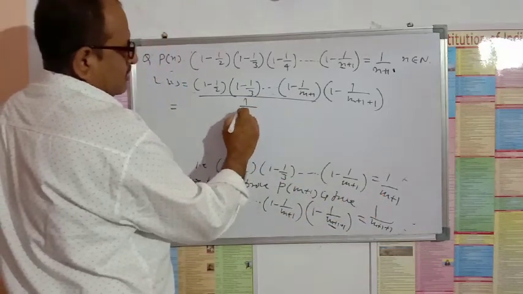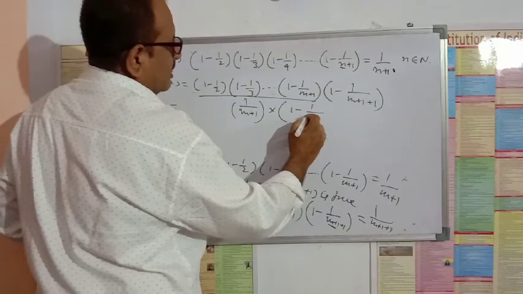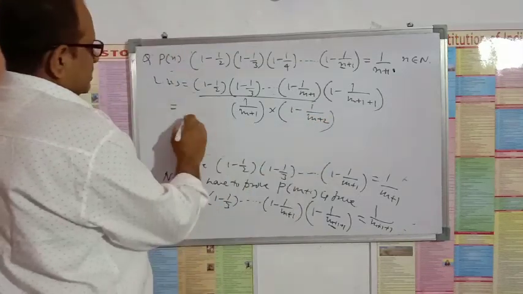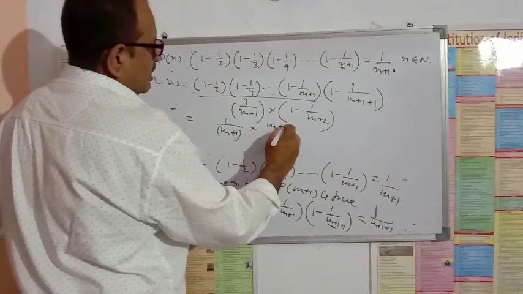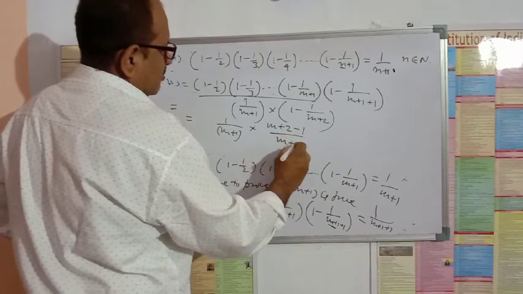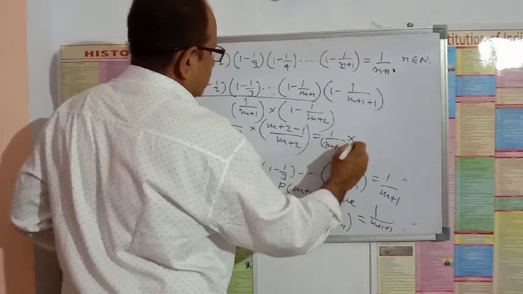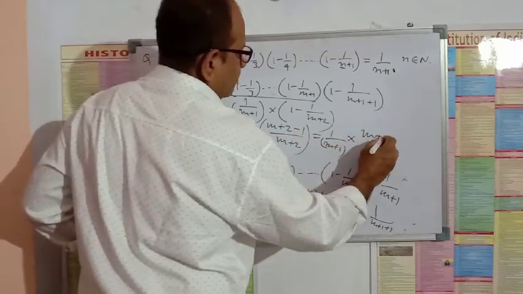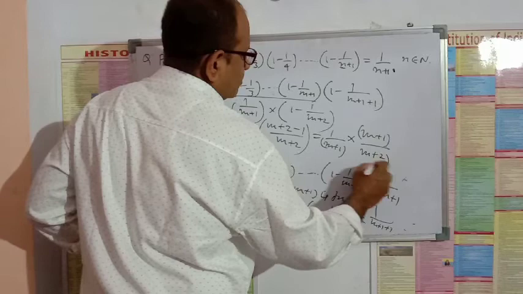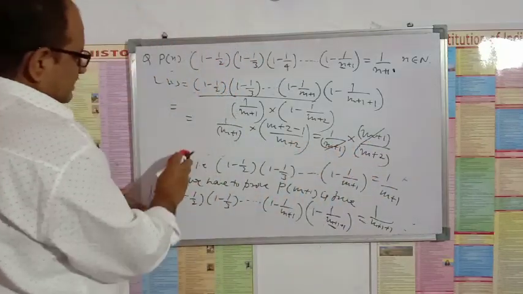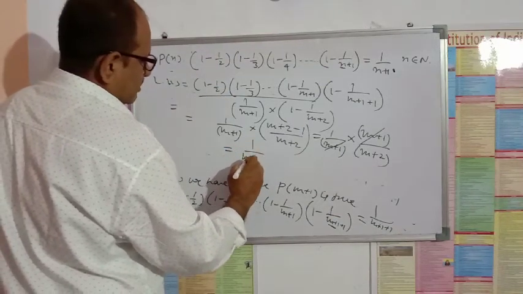So here we put 1/(m+1) times (1 - 1/(m+2)). Take the LCM: (m+2-1)/(m+2), so 1/(m+1) times (m+1)/(m+2). The m+1 cancels, so we will get 1/(m+2).